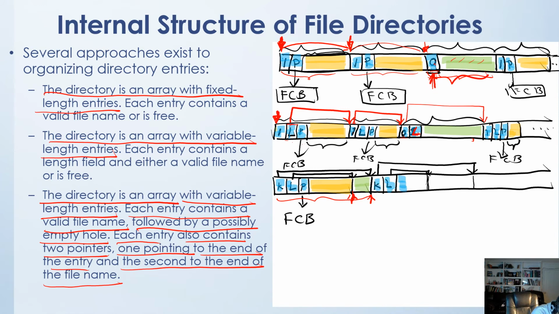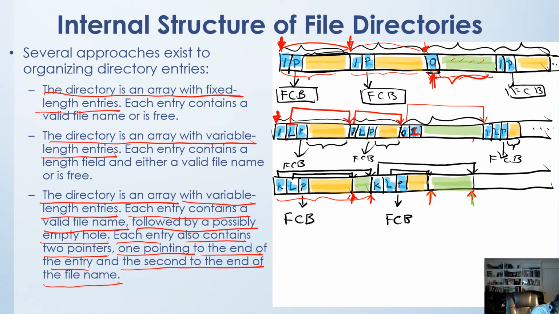That's the pointer to the file control block, and that's the space for the name, that's the end of the entry, and that's the end of the file name. Now between the end of the file name and the end of the entry, there's a free space.